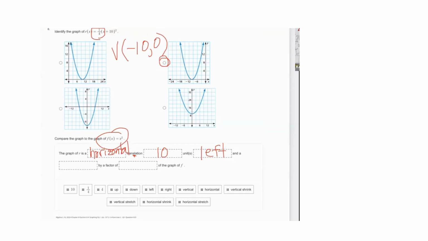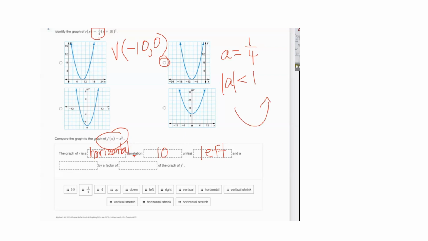So A equals 1/4. When the absolute value of A is less than 1, which is a fraction, it gets wider.